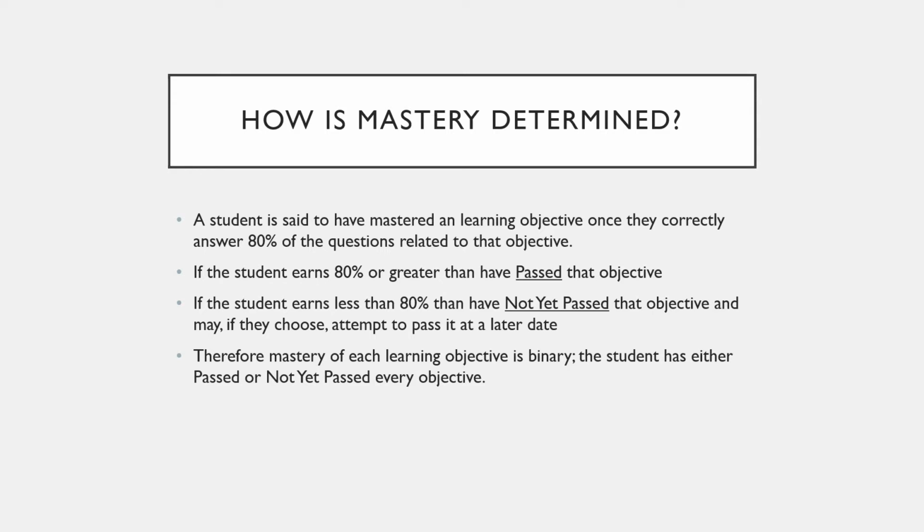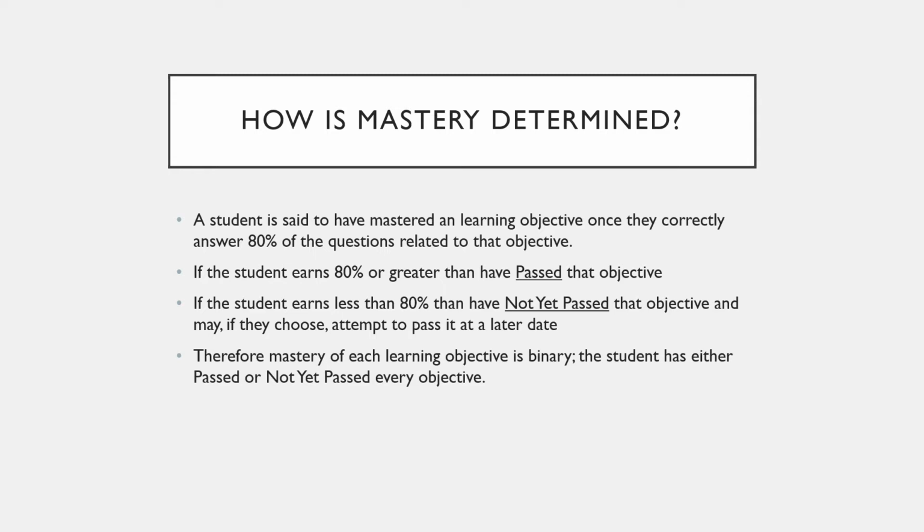And this is a big component of the theory and philosophy of a specifications graded course: students may not master an objective the first time that they're exposed to it or the first time that they're tested on it. And yet, a week later, two weeks later, a month later, they may have mastered it.